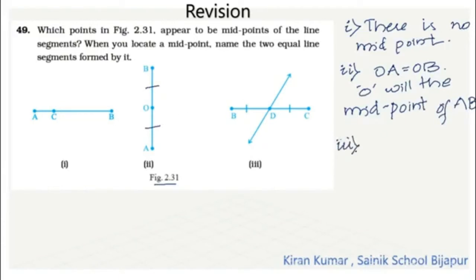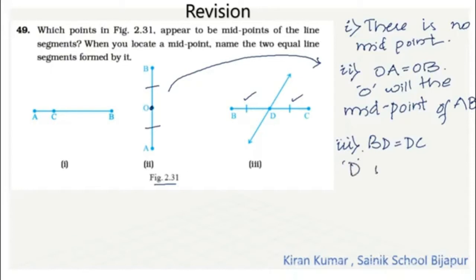Alright, look at the third one. They have mentioned that the parts are equal here. BD and DC, they are equal to each other. Here, I have considered O to be a midpoint. It is consideration, but in this, we are sure that D is the midpoint.